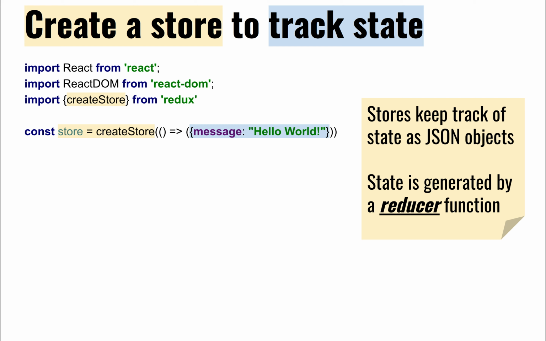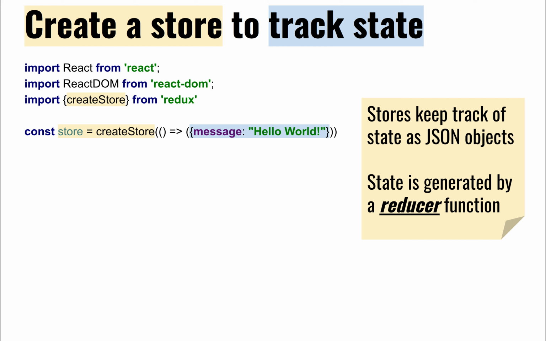So this reducer is a pure JavaScript function. It can take two arguments, which are not listed here. The arguments are the previous state and the events that the user generated. But since we don't have any buttons, we don't have anything, it's always going to generate the same JSON state object.